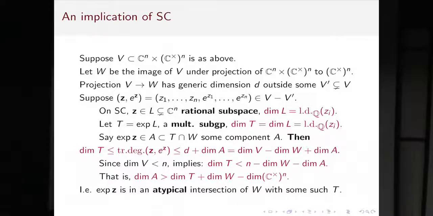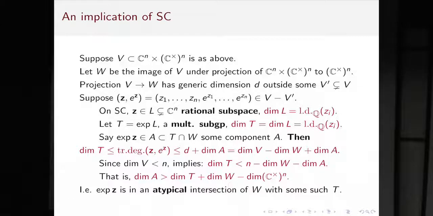And therefore, on Schanuel's conjecture, this z lies in a rational linear space. And indeed, the dimension of that linear space will be precisely the linear dimension over Q of the z's. And we take T to be its image under exponentiation, which is a multiplicative subgroup. It has the same dimension, because that exponential map is locally one-to-one. And now exp of z belongs to some component of the intersection of T with W.